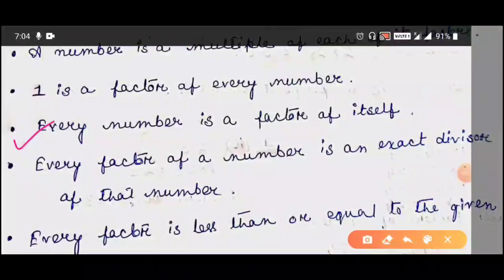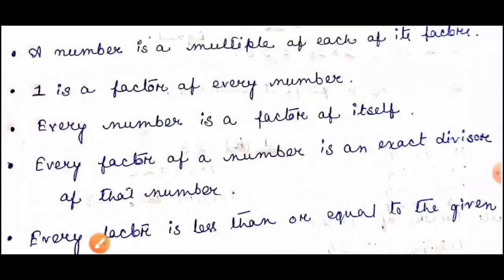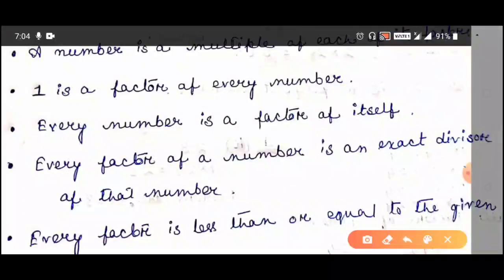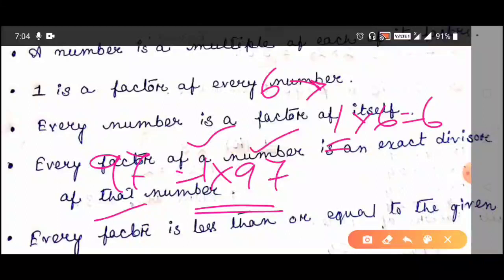Then every number is the factor of itself. Let us take one example. Suppose 97. Then 1 into 97 is equal to 97. So here also we are getting 1 is the factor of 97, 97 is the factor of 97. If we are taking 6, then 6 can be written as 1 into 6 is 6. So 1 is the factor of 6, 6 is the factor of 6.